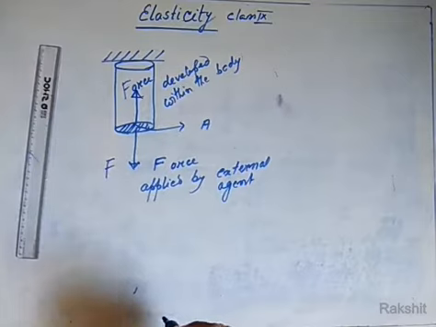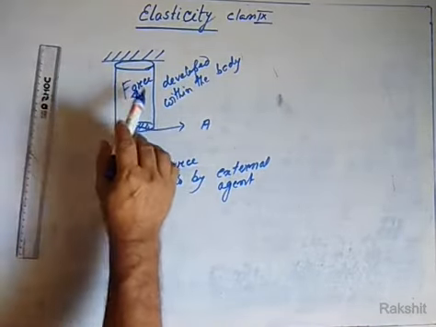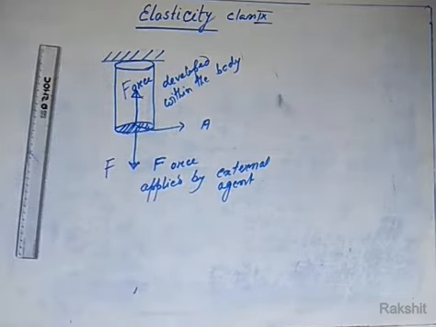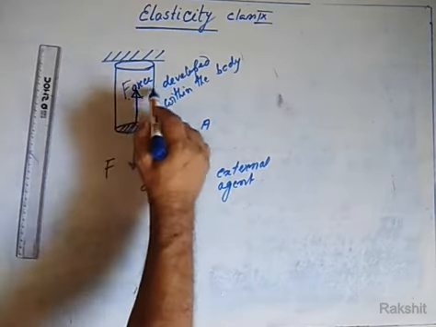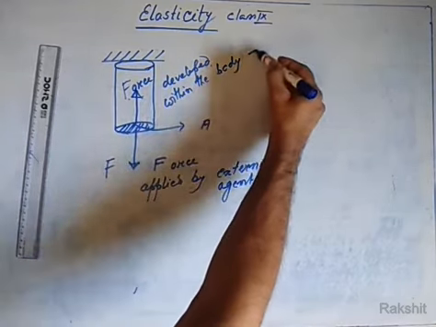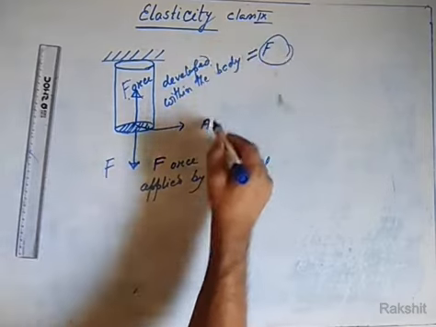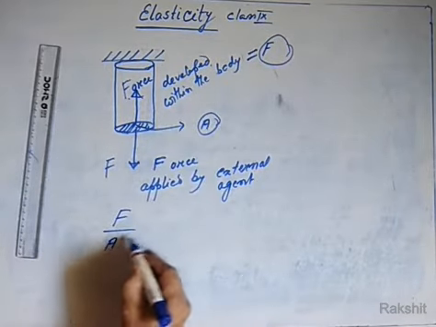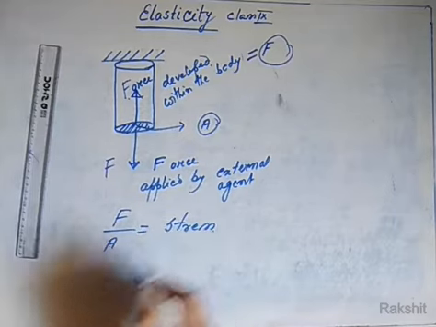Why does this force develop within the body? Actually, this force tends to resist the effect of this force. So this force developed within the body is equal to F. This force divided by area, force by area, F by A, is known as stress.